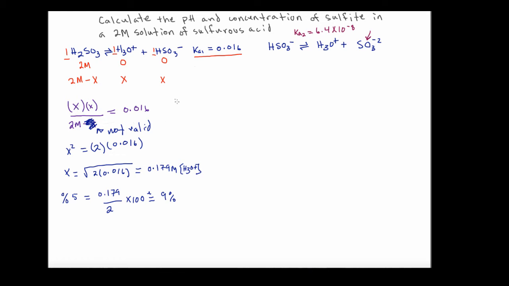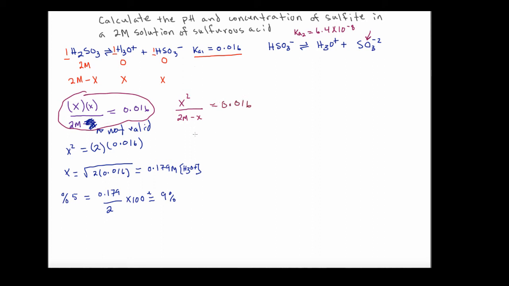So what do we do? All right. So what we're going to need to do ultimately to find the pH is use the quadratic formula. All right. And so we're going to go back to this expression right here. I'll go ahead and rewrite it. So we're going to have X squared over 2 molar minus X, the whole thing is equal to 0.016.